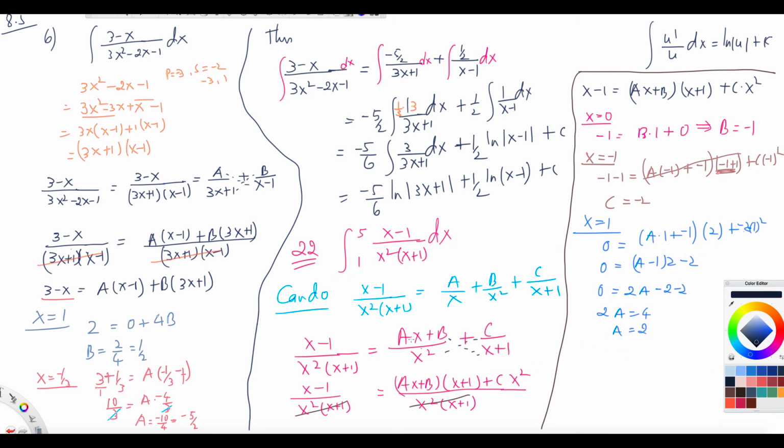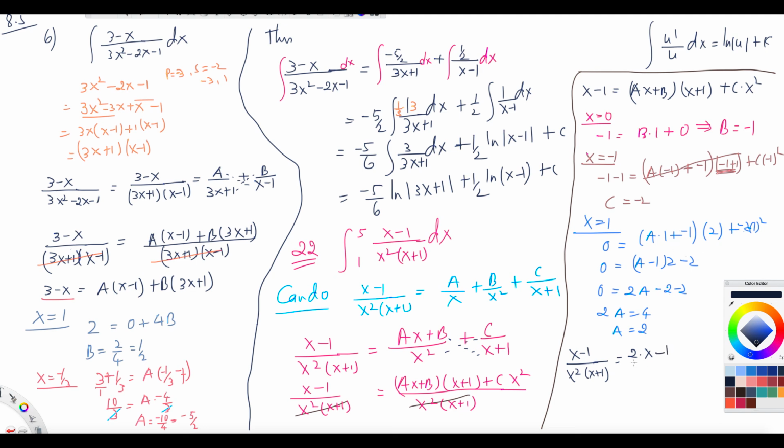So what will be the final answer then? I'm just plugging into here. Therefore (x - 1) divided by x squared times (x + 1) can be written as (ax + b) over x squared. How much is a? It is 2, times x. B is minus 1.